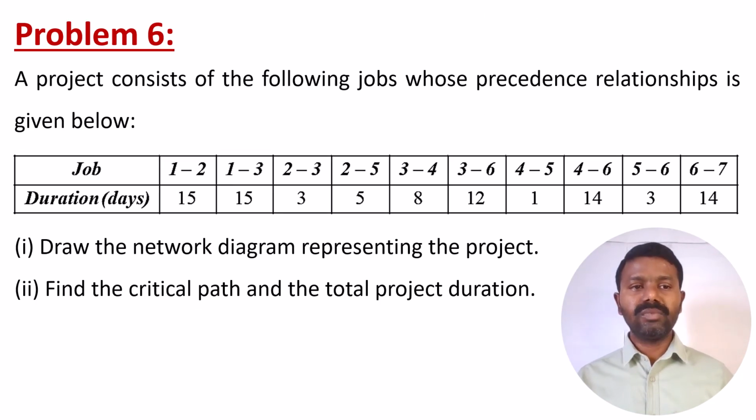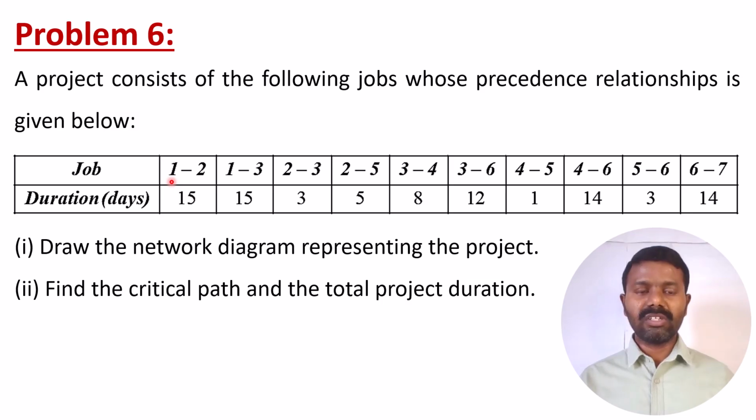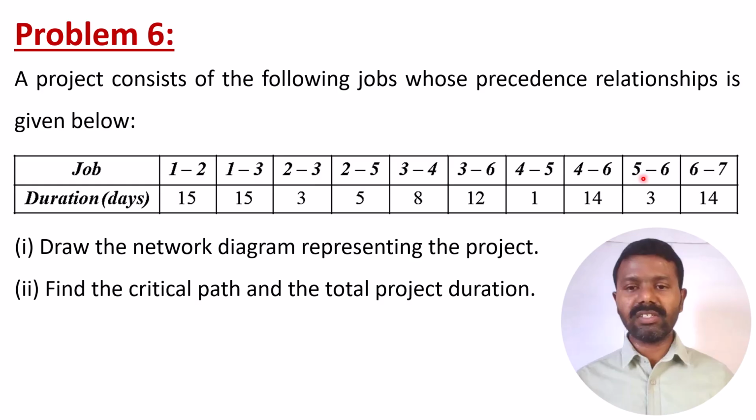Here the problem: a project consisting of the following jobs whose precedence relationship is given below, and these are the jobs and these are the durations. The activity names have not been given, but there is a relation between the nodes. 1 to 2 is 15 days, 1 to 3 is 15 days, 2 to 3 is 3 days, 2 to 5 is 5 days, 3 to 4 is 8 days, 3 to 6 is 12 days, 4 to 5 is 1 day, 4 to 6 is 14 days, 5 to 6 is 3 days, and 6 to 7 is 14 days.